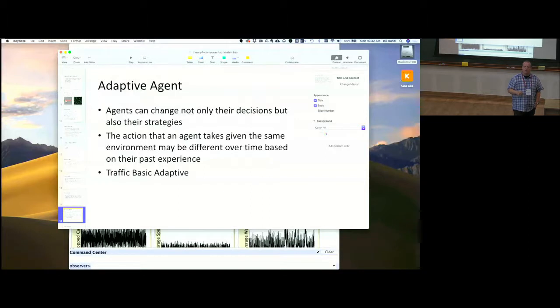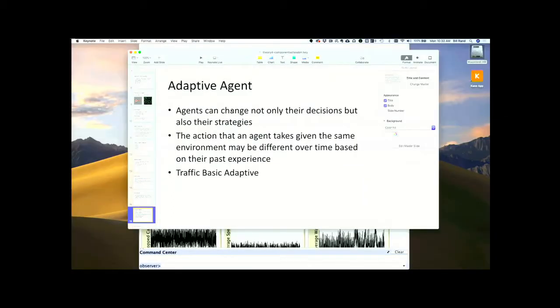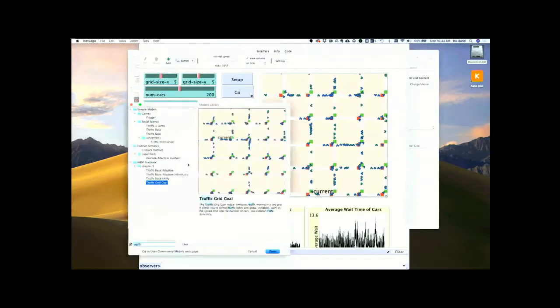That's what we mean by a strategy, because a strategy is the fact that given the state of the world, I'm going to take action X, right? And I've changed my strategy from past experience. And if that's the case, then we say that the agent is adaptive, right? The action that agent takes, given the same environment over time, may differ based upon their past experience.